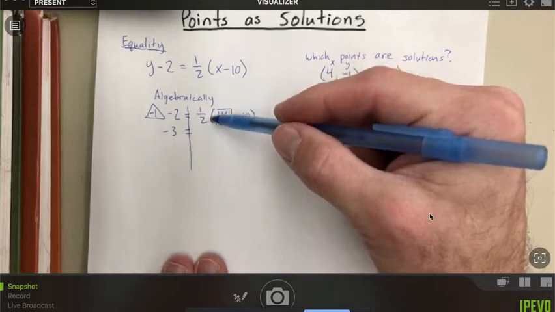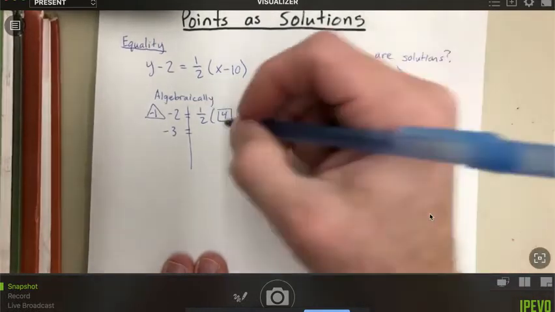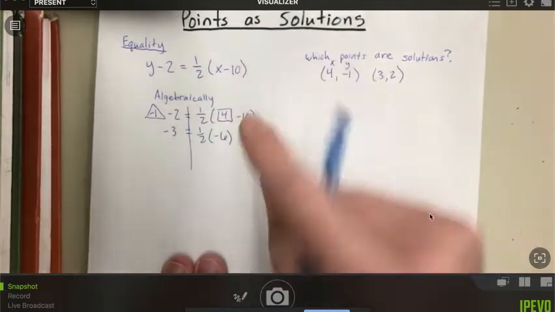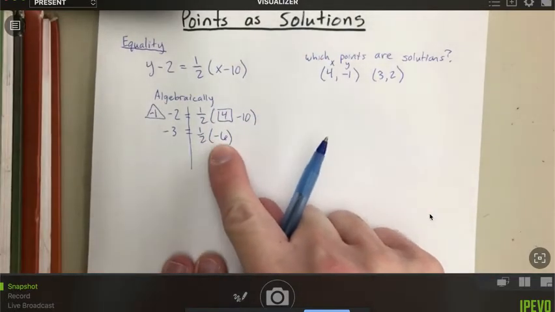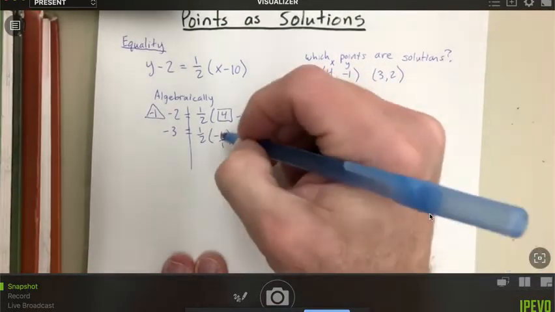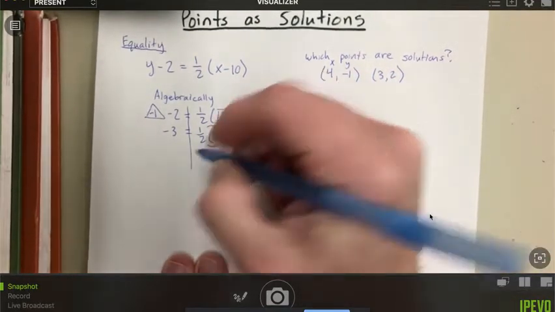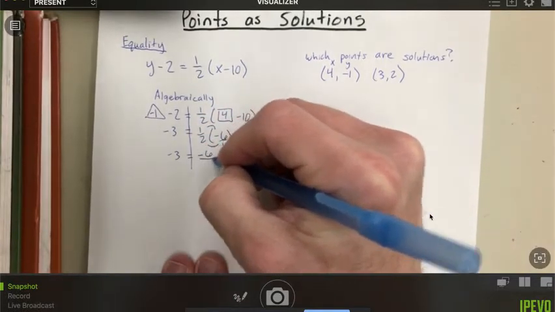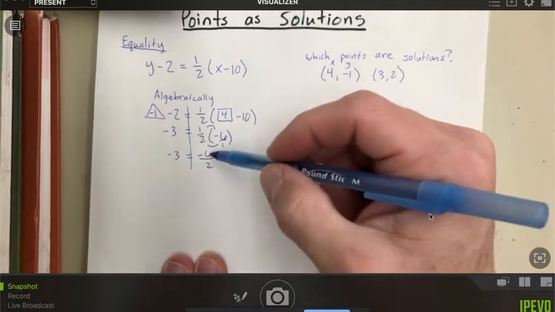I got parentheses here, so what's 4 minus 10? Looks like -6. -6 times a half. Remember, we can think of this as being over 1, so that would just be 1 times -6 and 2 times 1. That would get me -6 over 2, or -6 divided by 2.